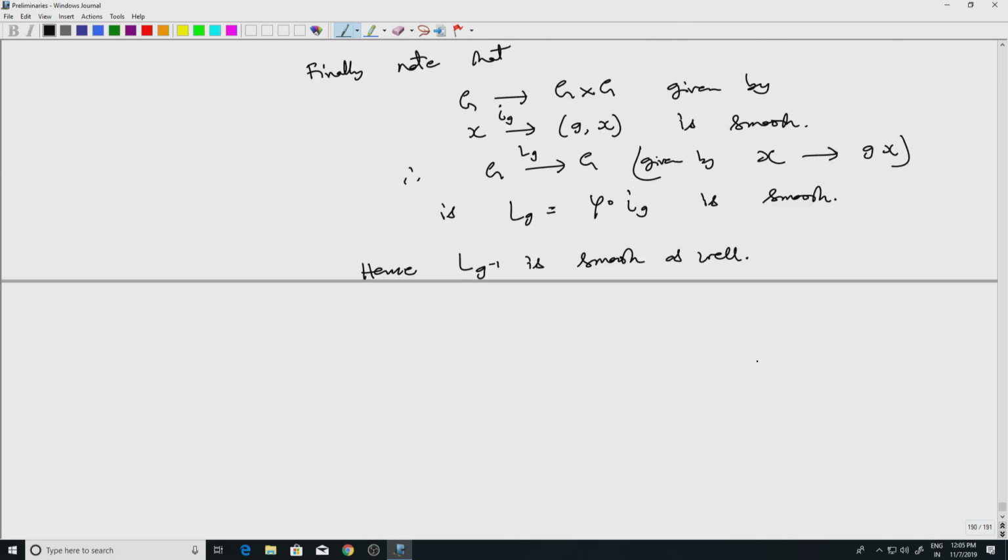Now the second definition I need is this. If I start with a smooth vector field X on G, a vector field X on G is said to be left invariant if the following holds.